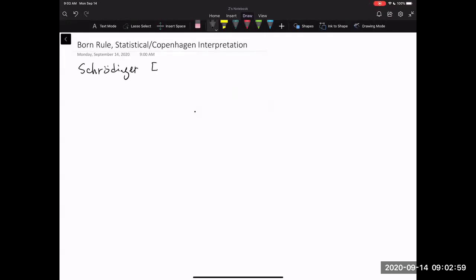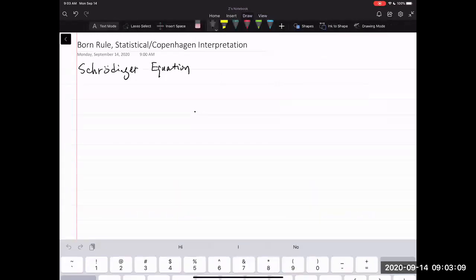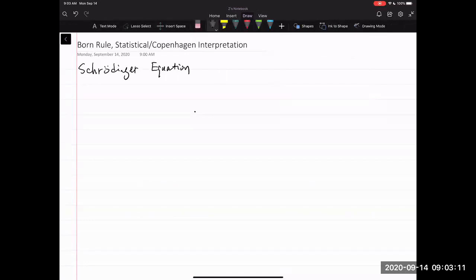The Schrodinger equation. The time-dependent part is i h-bar partial t, so take the partial derivative with respect to time. Then we added the h-bar and the imaginary number so that we can get a real number. And this is the Hamiltonian operator, and that applies on the wave function.